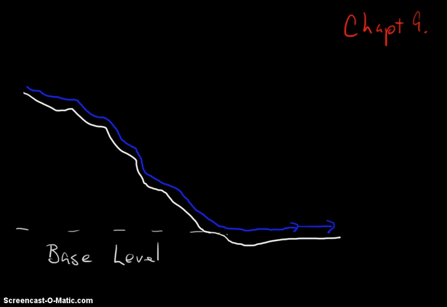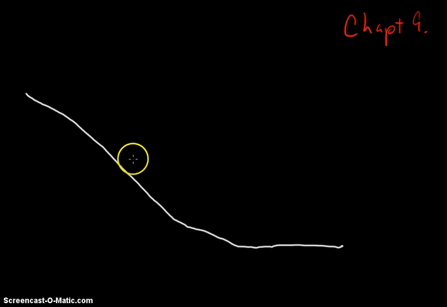Now if something happens to the erosion and the runoff of the first stream, for instance, if instead of it being rough, it smooths out, let's say it smooths out here, and now it's more like that.